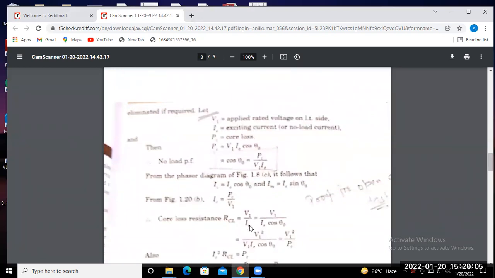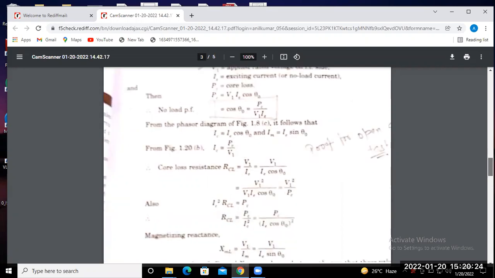Okay. So RC is V1 by IC, and if you simplify this one, we put this value, that means V1 by IC equal to nothing but IE, the exciting or no load current, into cos theta 0. And similarly for XM, that means the magnetizing reactance, V1 by how much?